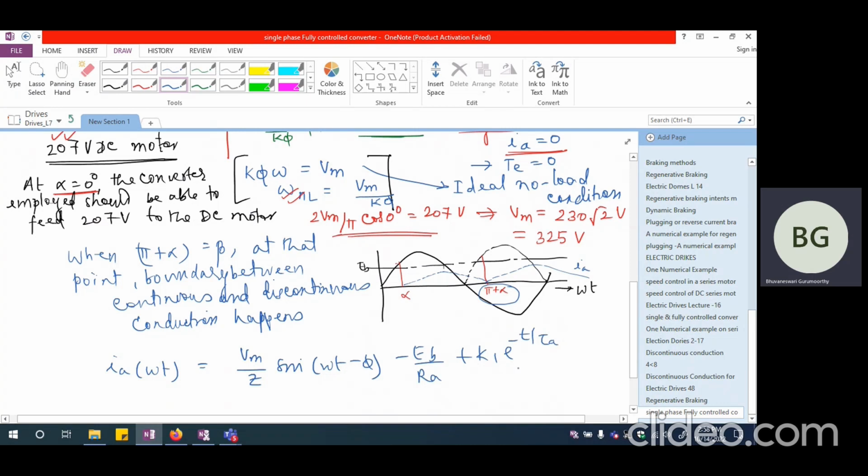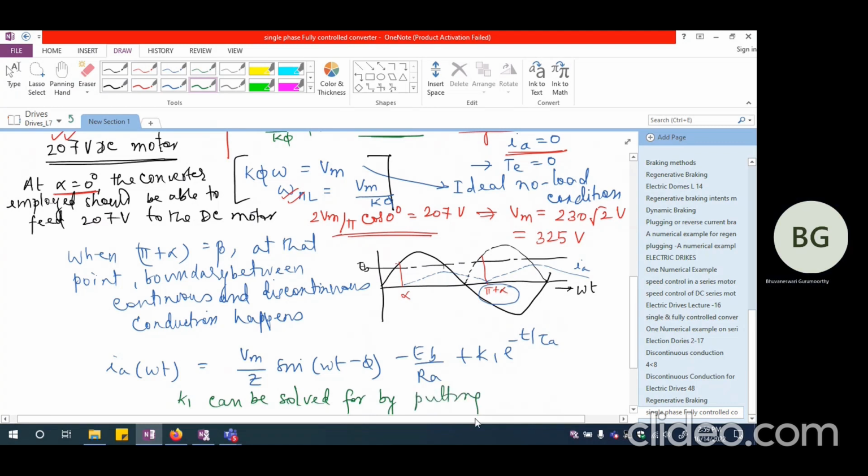This is what we wrote as the expression for the current. Now, K1 can be solved for by putting i_a(α) equal to 0.